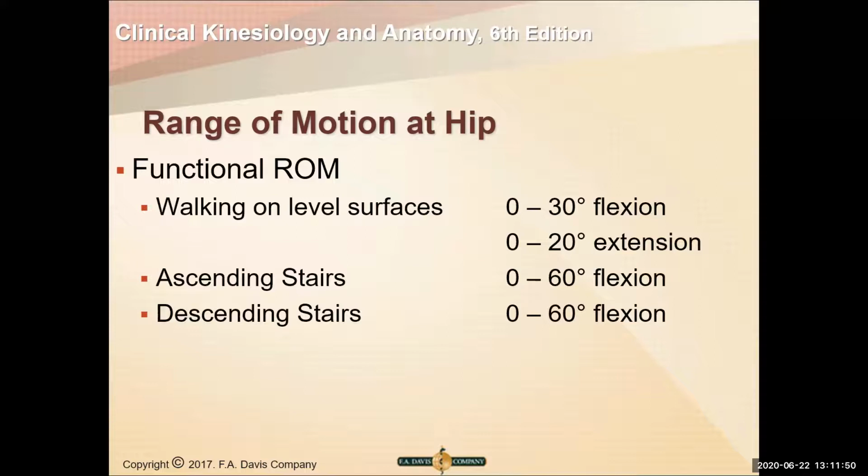Even though that 30 degrees is 10 degrees over the 20 we need by the book, they're not going to have a question when they ask you what you need for extension for walking on level surfaces where they say 21, 20, 19, 18 degrees. What they're going to say is 60, 90, 45, 20. And what you need is 20 for walking on a level surface.